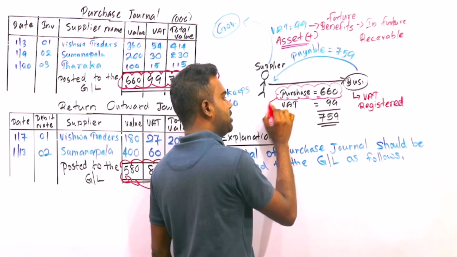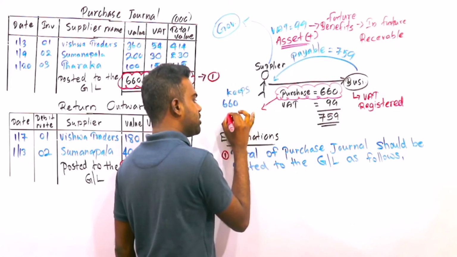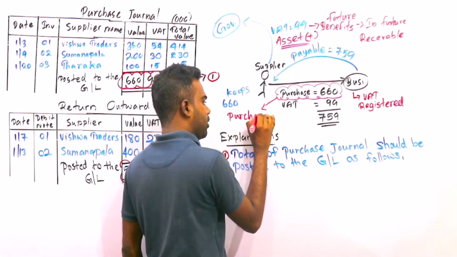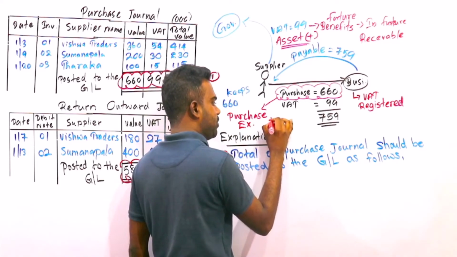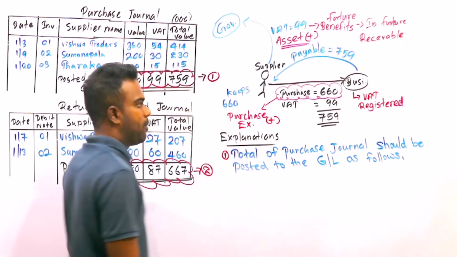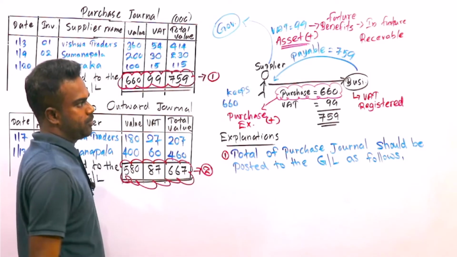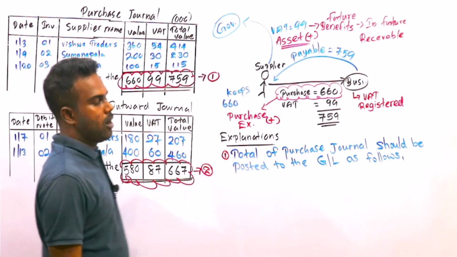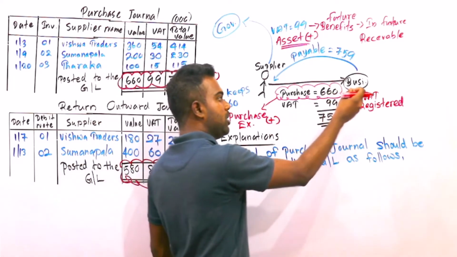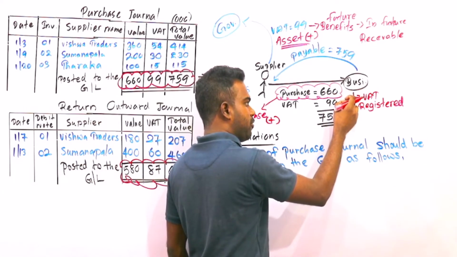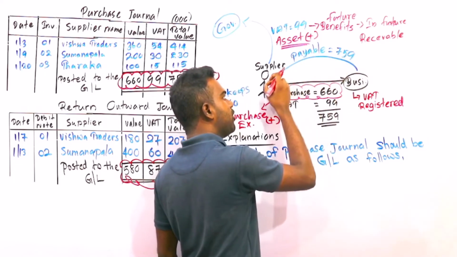This should be the purchase expense for the business. Purchase expense increased by 660 rupees. Right? Understood? But for all the amount, the purchase price and the VAT amount should be payable to the supplier.